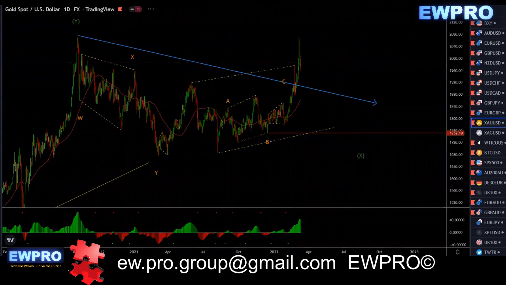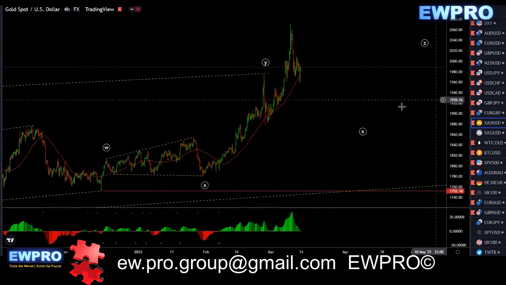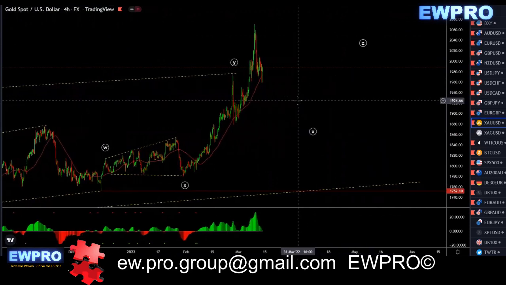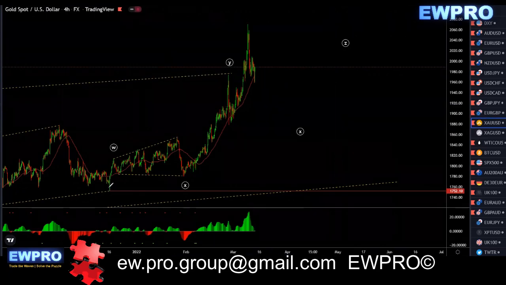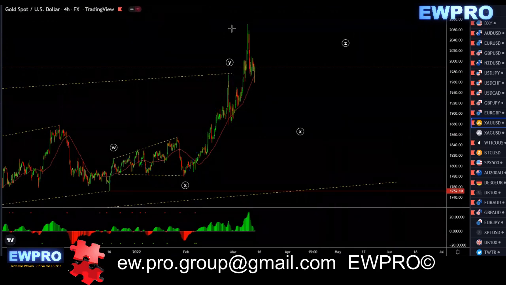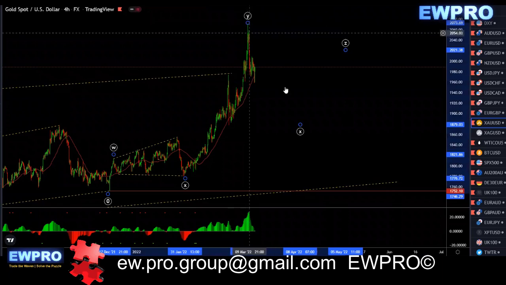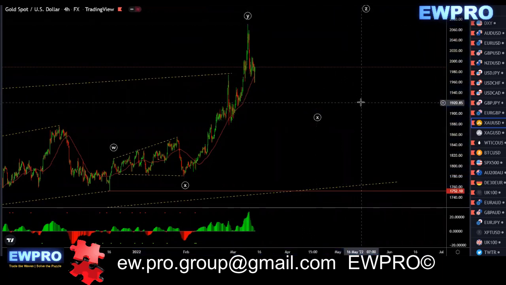So you're only scalping if you're trading it, and it's something I would stay out of at this stage until we get a clear structure. Last week we were looking at WXY, waiting for the X2 and then a Z up. Nothing's really changed. We've got a wave Y, waiting for that X2, then we'll be looking for that Z up.